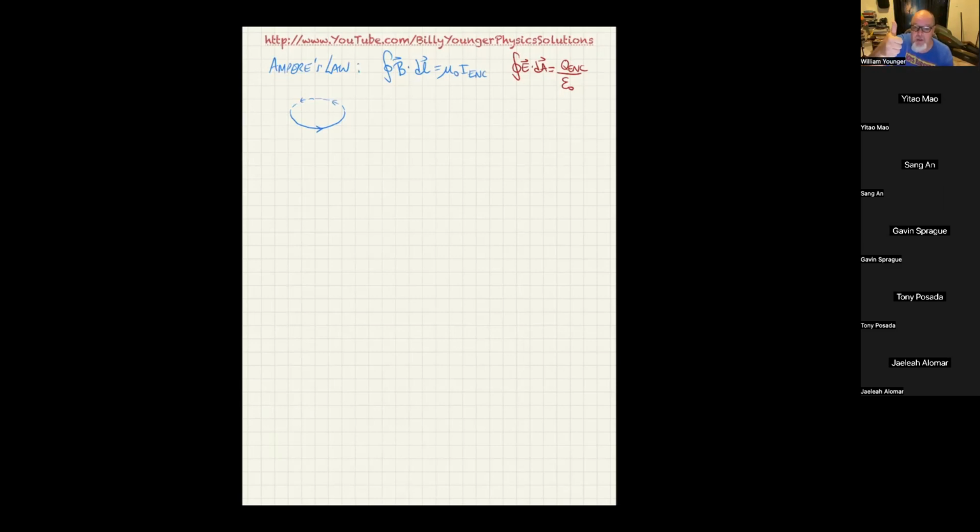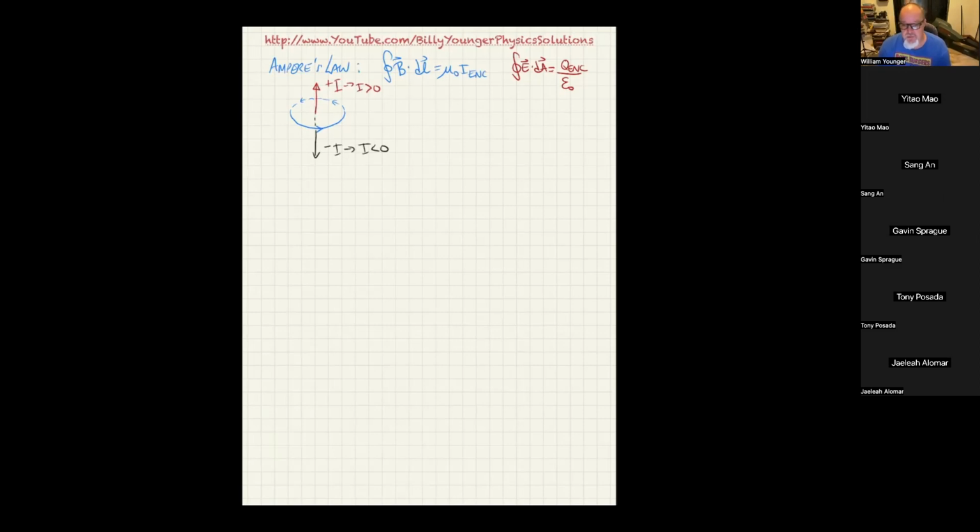And then my right thumb points in the direction of positive current. So according to the right hand rule, this direction is a positive current direction. But this direction would mean a negative I, which means I is less than 0. So that's the sort of corresponding rule.